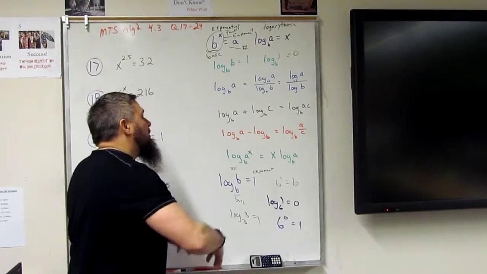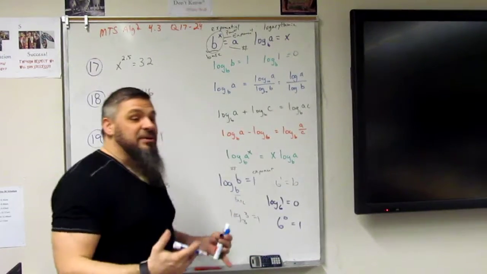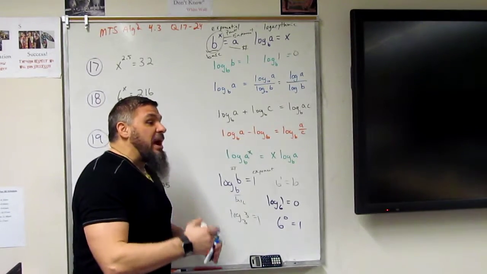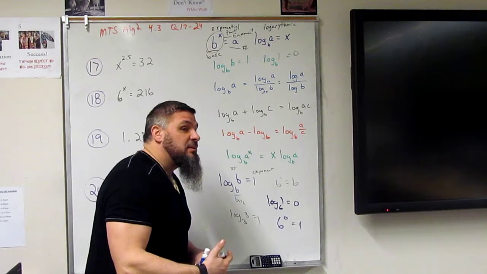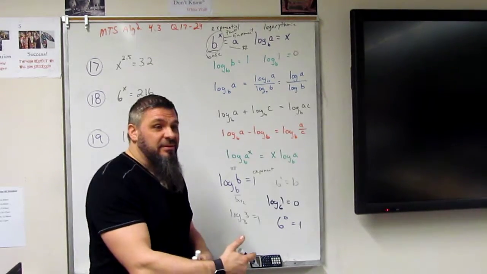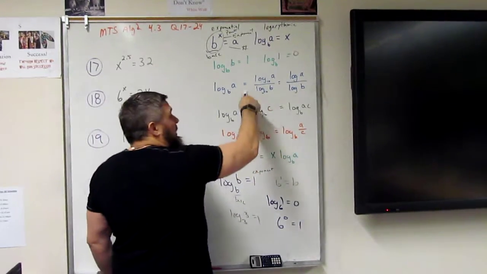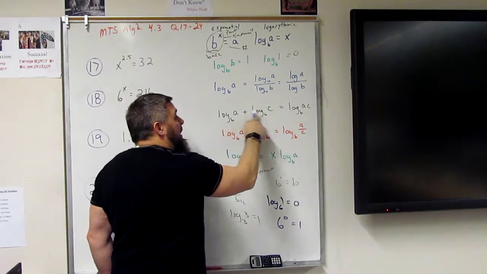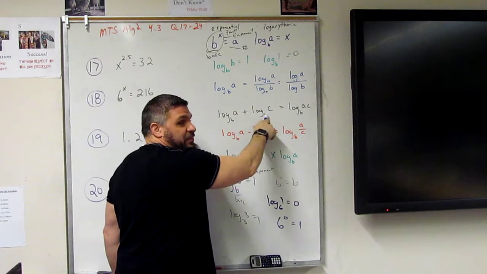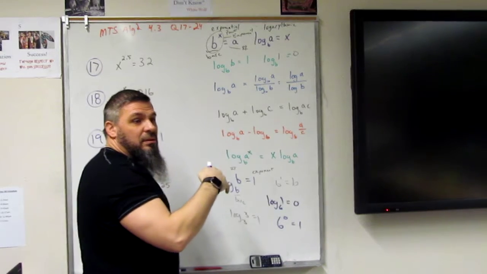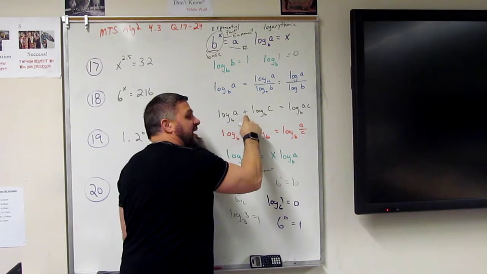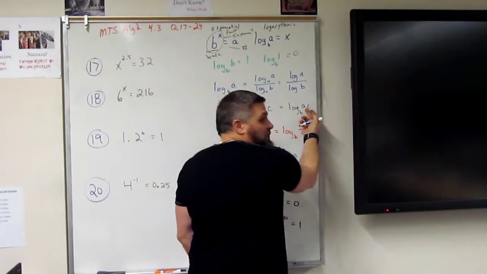Okay? Now, because logarithms are exponents, then the exponential rules fit. Remember all your exponential rules. When we multiply powers that have the same base, what do we do to the exponents? We add them, right? B squared times B cubed equals B to the 5th. So we add the exponents.